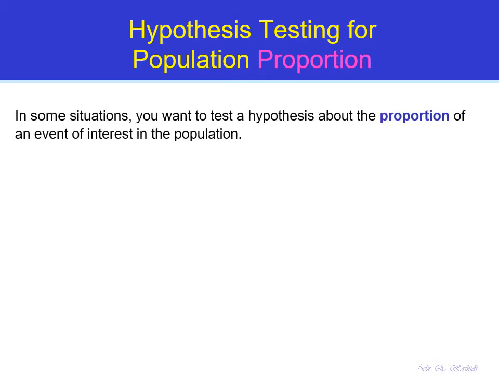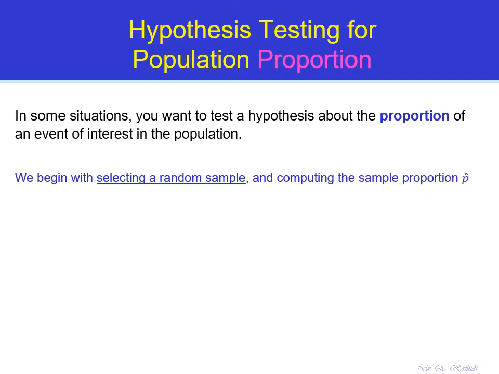In some situations, you want to test a hypothesis about the proportion of an event of interest in the population. So what is the procedure? The procedure is kind of similar to what we had done before, except that here we're going to talk about the proportion and the tested statistics appropriate for proportion.